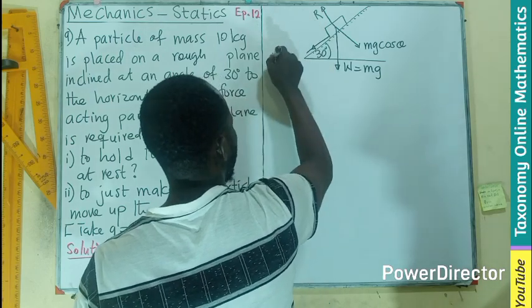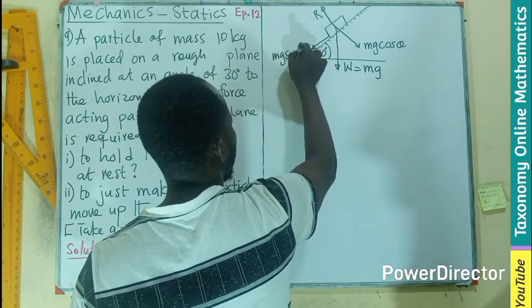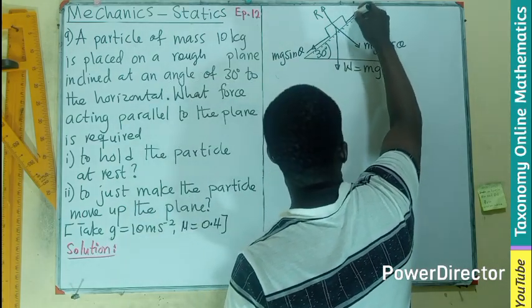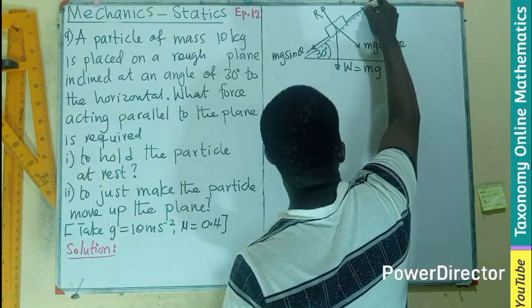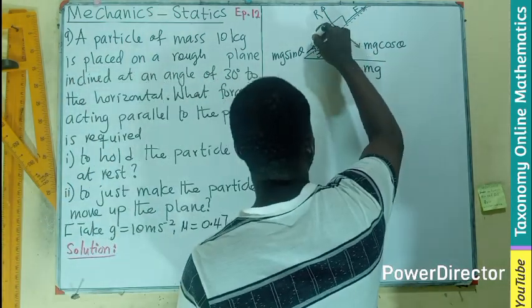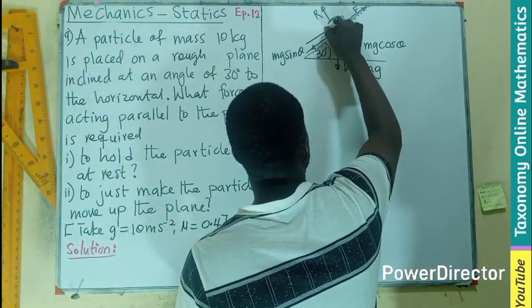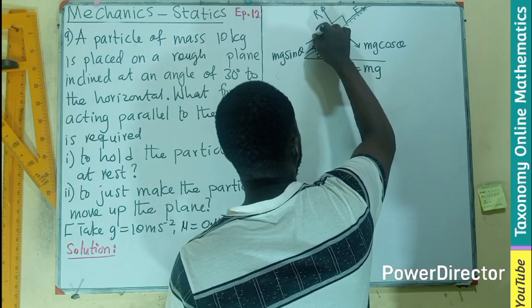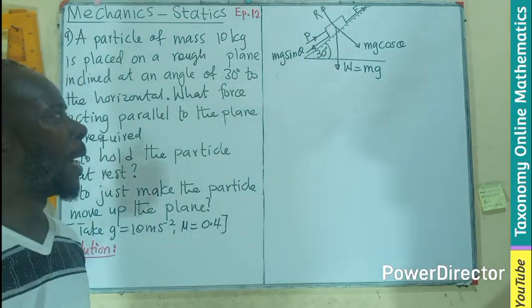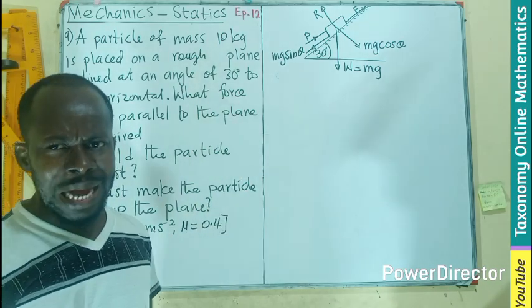I'll write it this way. And there is also friction pulling it up. Then we are looking for the force to be applied to the body so that it will still be at rest.